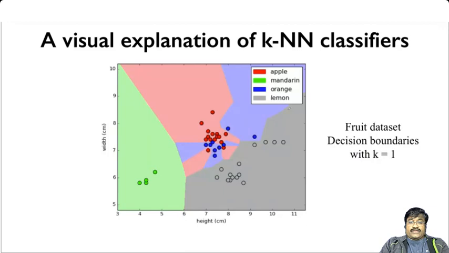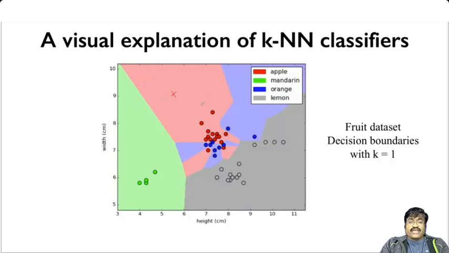These broad areas of color show how any point given a width and height could be classified according to the one nearest neighbor rule. In other words, I've set k equal to 1. So for example, a data point over here that had a height of 6 centimeters and a width of 9 centimeters would be classified as an apple, because it falls within this red area here that the KNN classifier has decided maps to objects that are apples based on the dimensions.